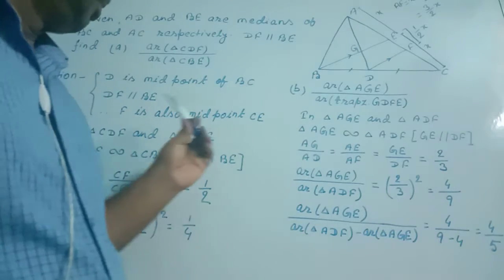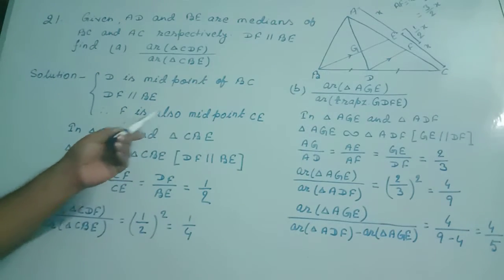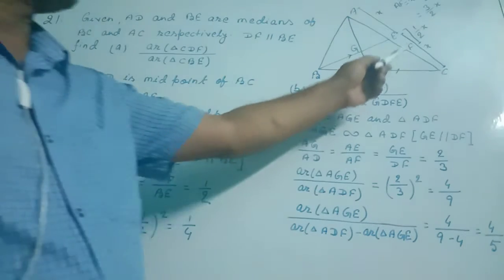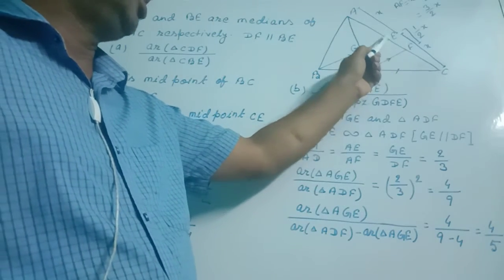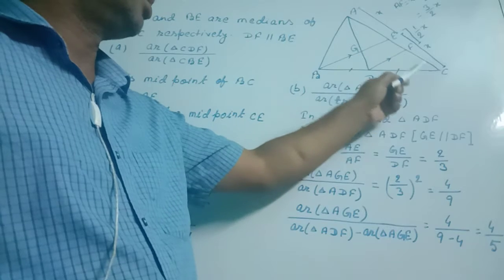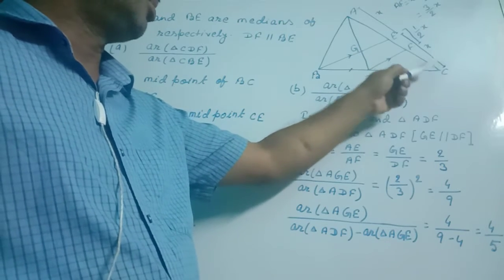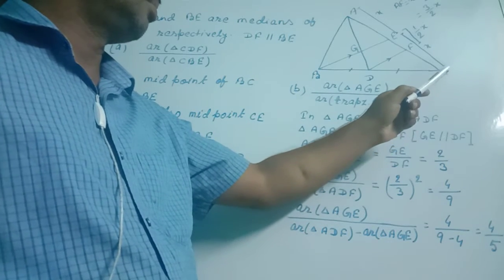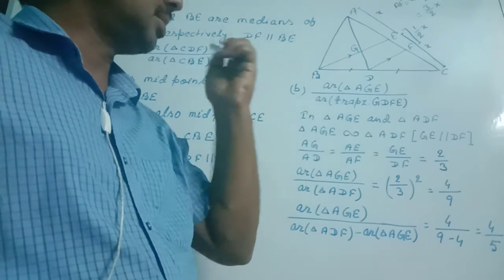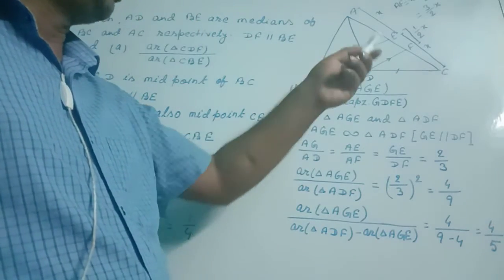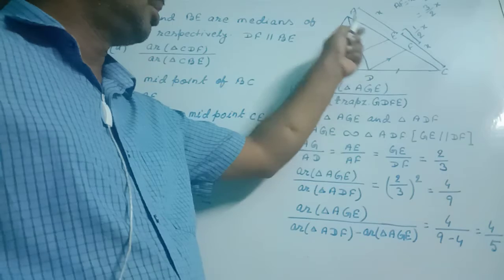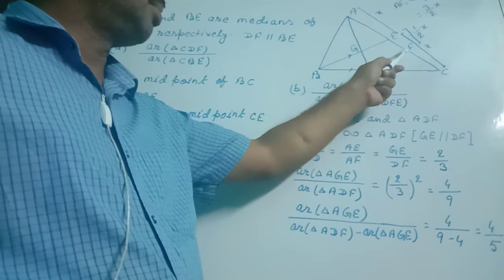And in question number A, I have proved F is also the midpoint. So EF is 1 by 2x and CF is also 1 by 2x because CE is x. Now if I find AF, then AE plus EF.